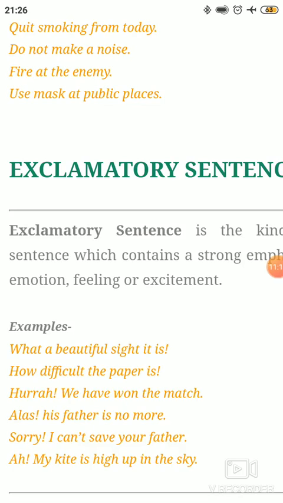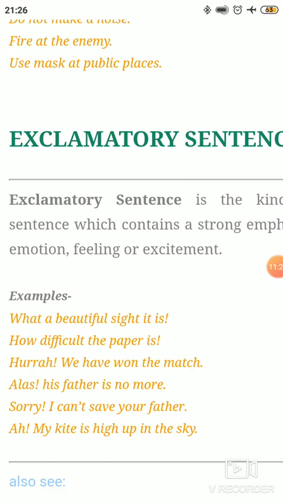Exclamatory mark. His father is no more. Alas is used when you are expressing your sad tone. Understood, children? Sorry! Exclamatory mark. I can't save your father. Ah, my kite is high up in the sky! So use the exclamatory mark at the end of the sentence or immediately after the word which is expressing a strong feeling or excitement. So we call this exclamatory sentence, children.